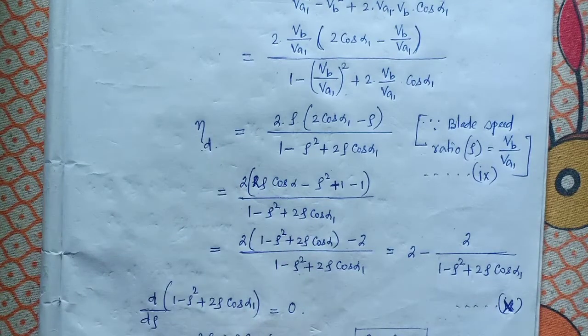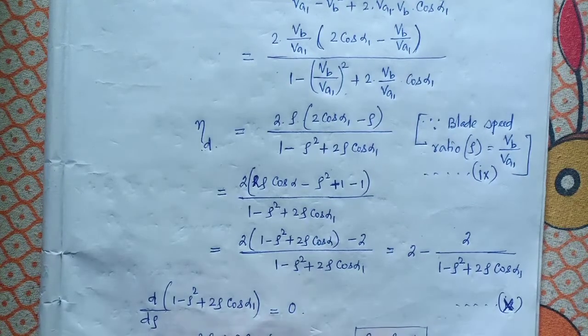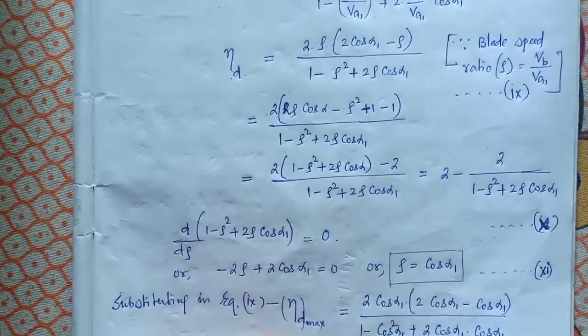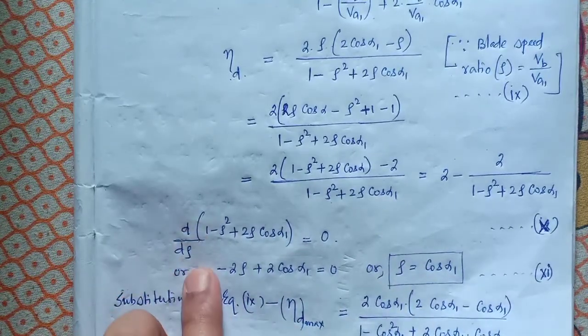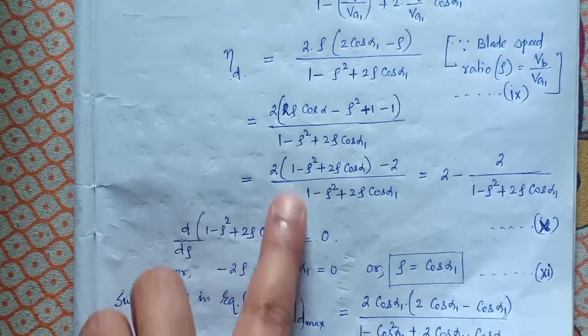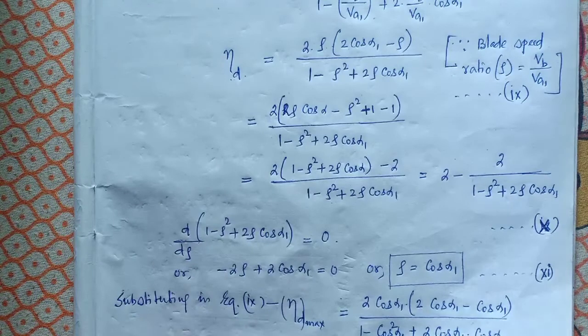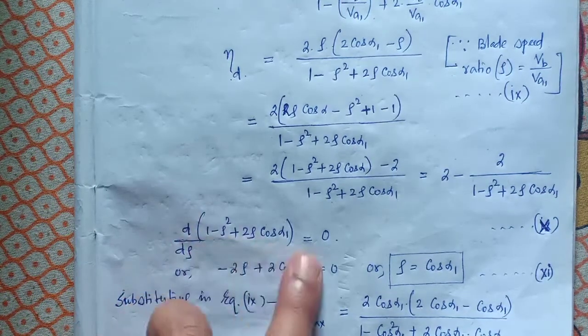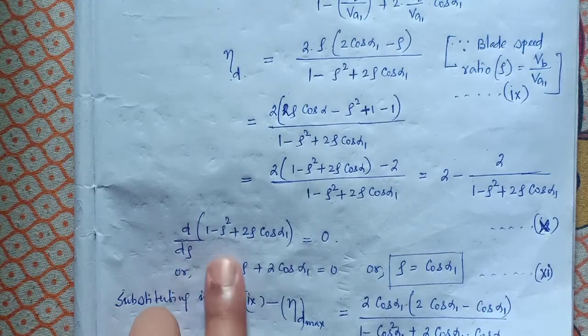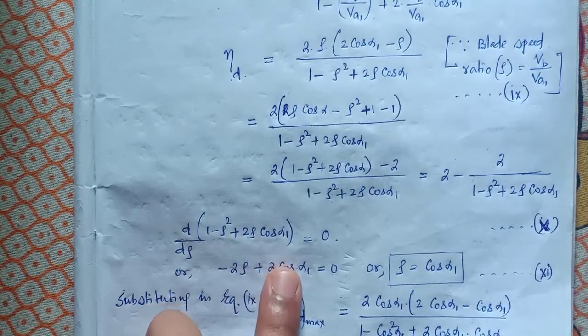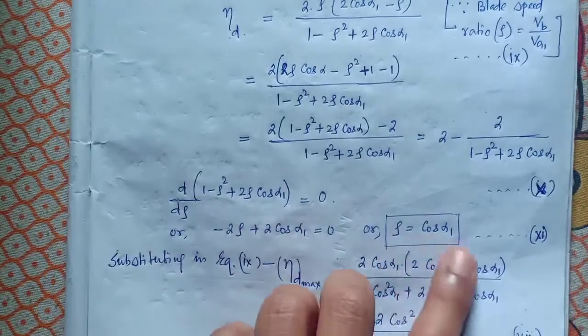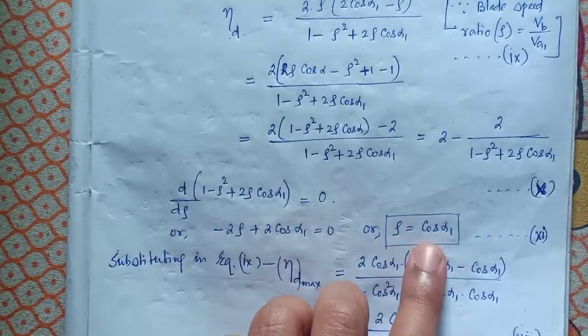Therefore, for maximum diagram efficiency, we take d by d rho of the bracketed part. You know how to differentiate. So we'll have this expression: rho equals cos alpha.